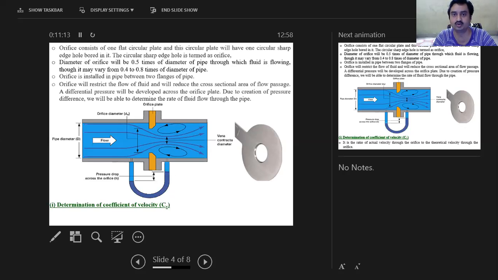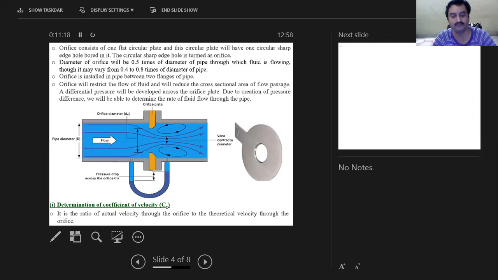Please remember that this coefficient of velocity for an orifice is defined as the ratio of actual velocity of the orifice to the theoretical velocity through the orifice. It is the ratio of two terms, actual velocity to the theoretical velocity.